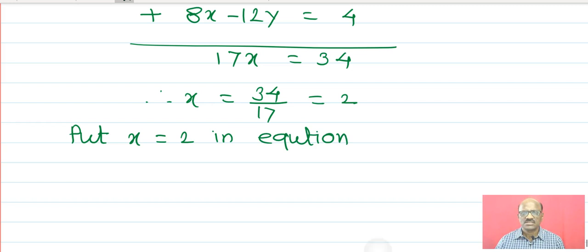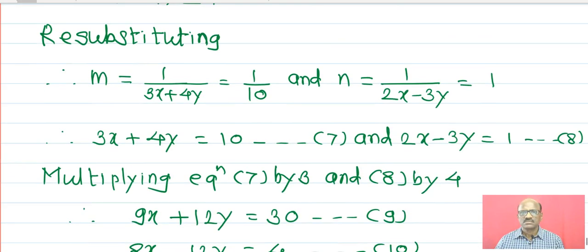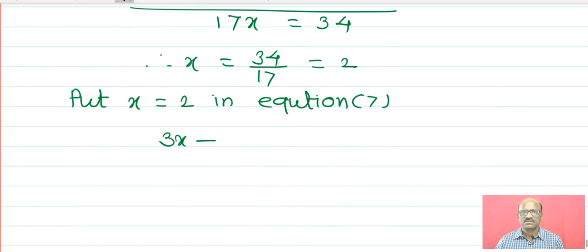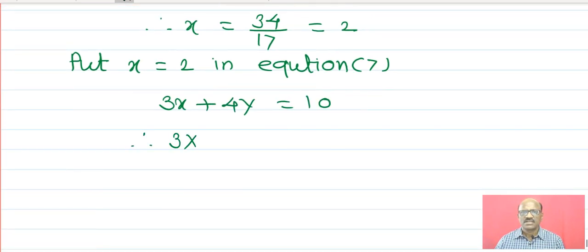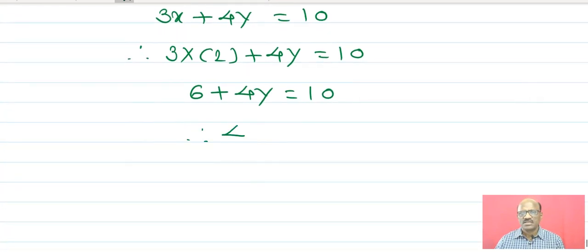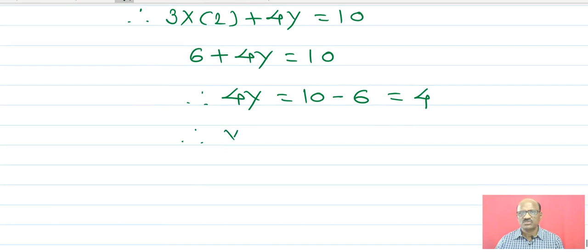Put x is equals to 2 in equation 7. Therefore, 3x plus 4y is equals to 10. 3 into 2 plus 4y equals to 10. Therefore, 6 plus 4y. 3 आणि 2 गुणाकार 6. Therefore, 4y is equals to 10 minus 6, that is 4.